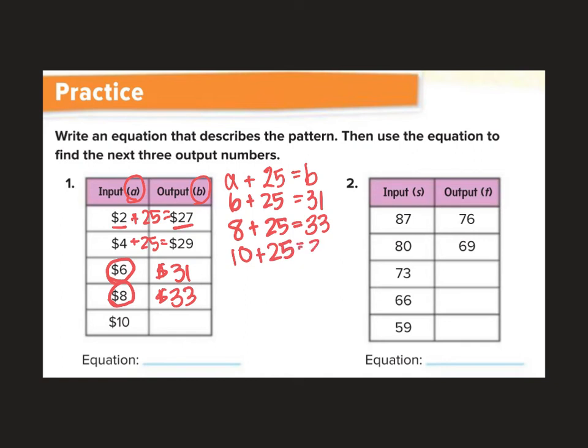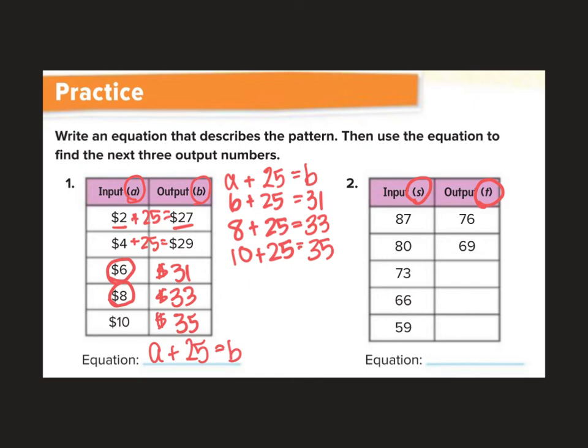My answer is going to be 35. Okay. So my equation here is A is my input. I need to add 25 to it, and that will give me my output, B. Now notice, this input is called S, and this output is called T. Okay, so let's take a look at this one.